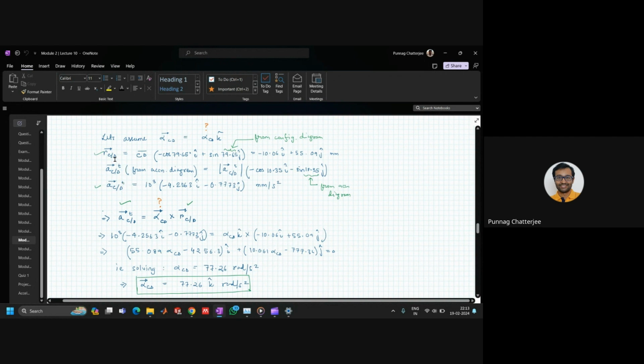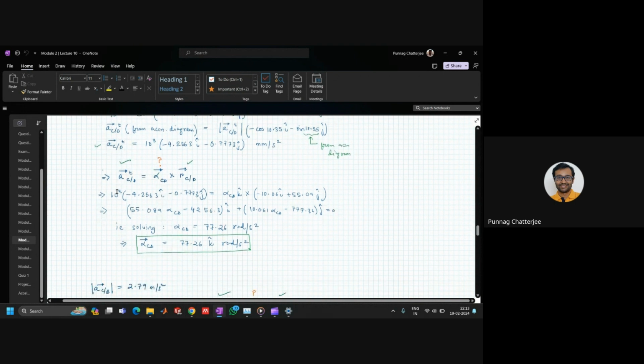So once you have that, you have this vector sorted out. The only unknown is alpha CD. So you write out this expression, accumulate all the I terms and all the J terms, and you have just two equations, one in I and one in J. You've got two equations and one unknown, but if you solve either of them, you should get the same exact value.